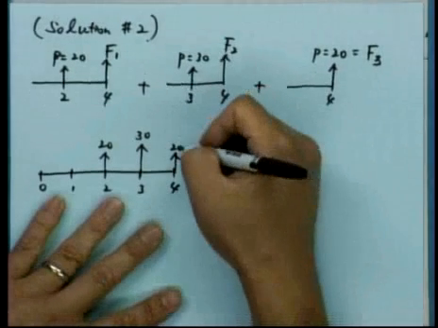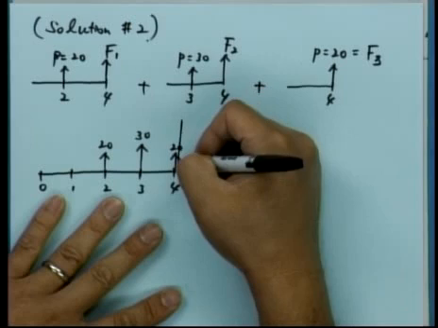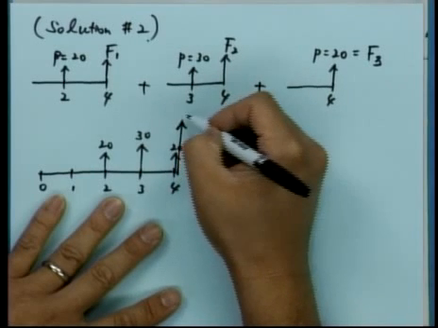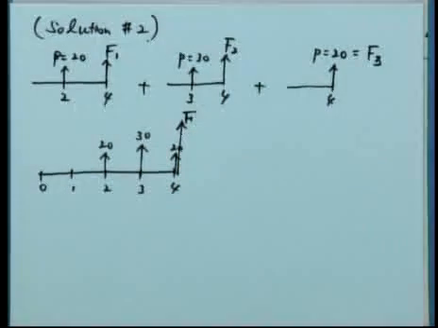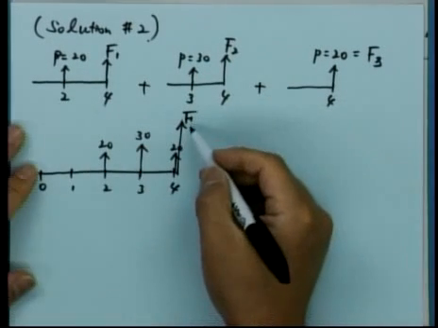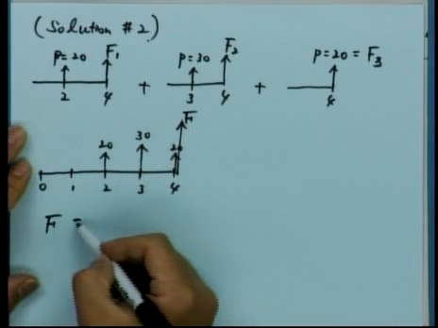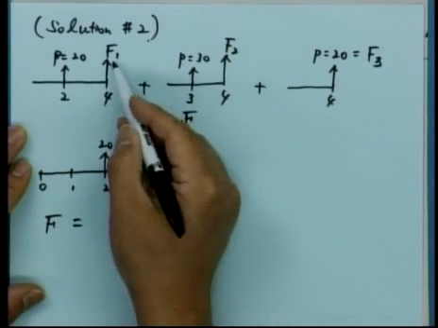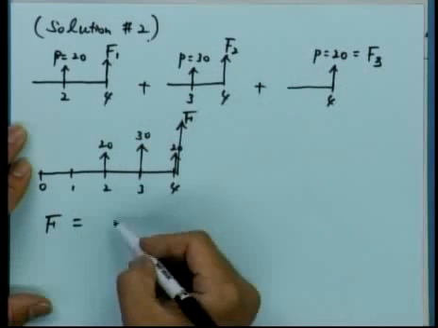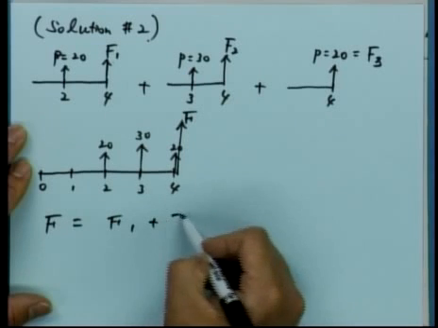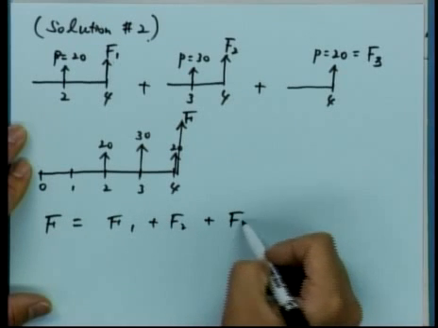And at the end of period 4, we're going to have the F value down here. Okay. So basically, this F value is the same as the summation of F1, F2, F3.